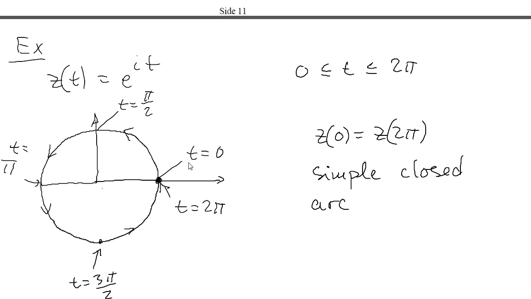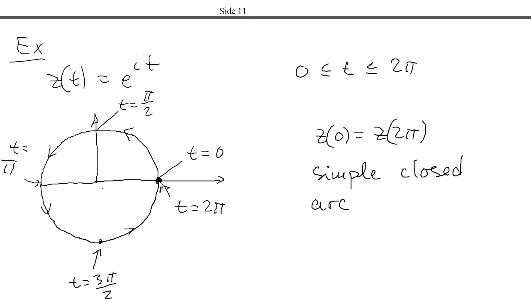So let's see what's happening here. When t is equal to 0, what complex number does this mean related to z of t? Yes, when t is equal to 0, then we have e to the i0, which is 1. So the complex number z of 0 is 1 at this point.